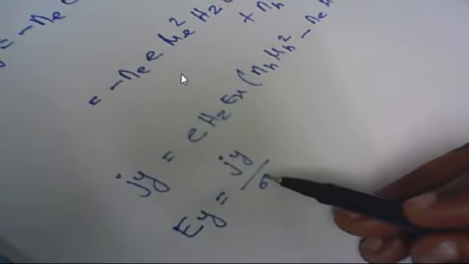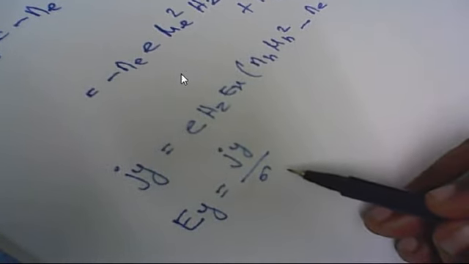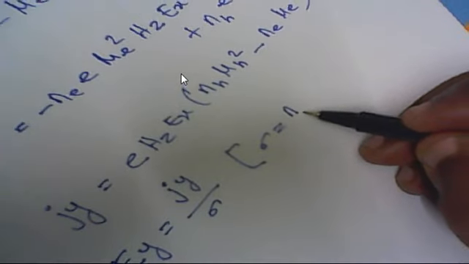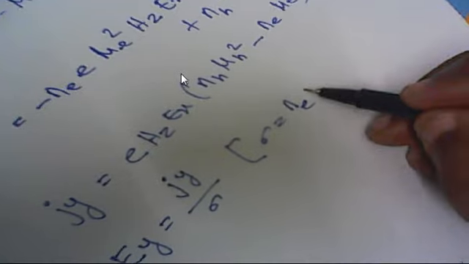So we have an expression for Ey, which is nothing but the current density divided by the conductivity, where the conductivity is nothing but N_e μ_e. In the case of an intrinsic semiconductor, the conductivity can be represented as N_e e μ_e plus N_H e μ_H.